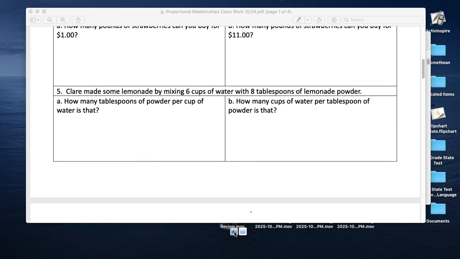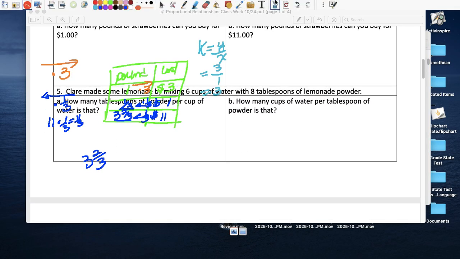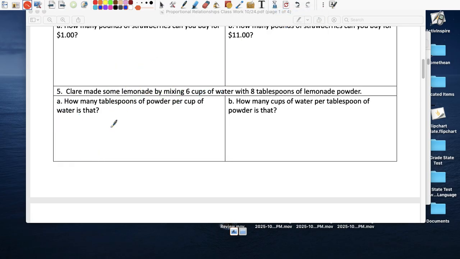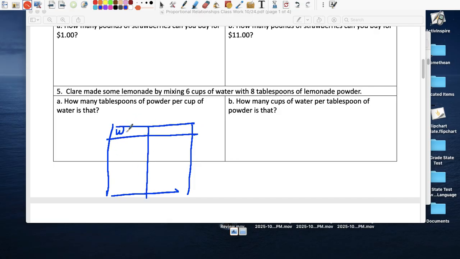Let's do 5. Same thing. You can create a table if you like. So we have water and powder, lemonade powder, in tablespoons.